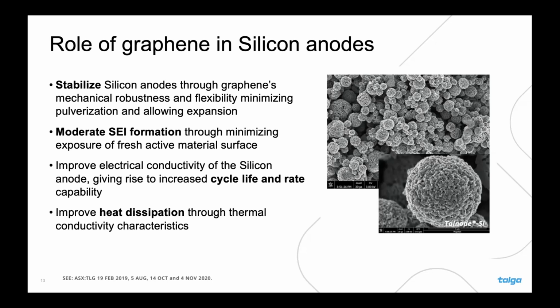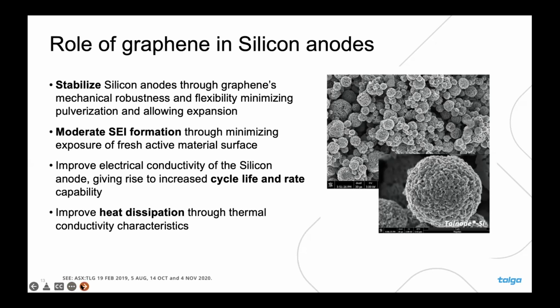So the thermal conductivity characteristics can also stabilize the temperature of a battery and improve the heat dissipation. So there are many positive aspects of graphene that can really help make silicon more usable within a lithium-ion battery anode, and therefore give us the advantage that we need for electrification of transport, for example.